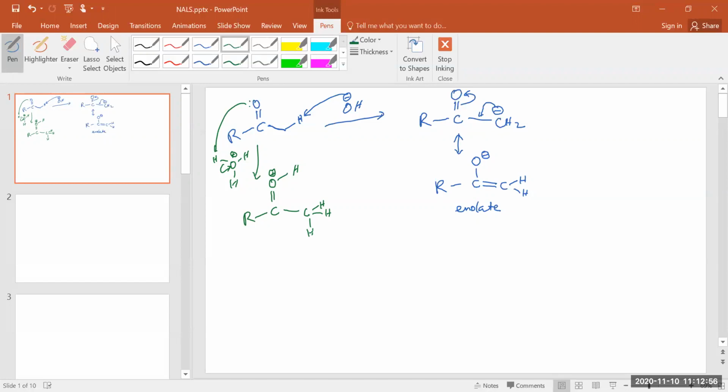The protonation of oxygen is again favored because of the stabilization of the oxonium ion by resonance. So this can form like this, OH and carbon.